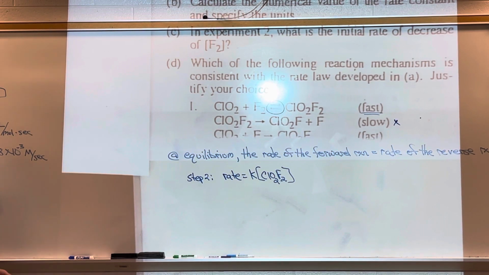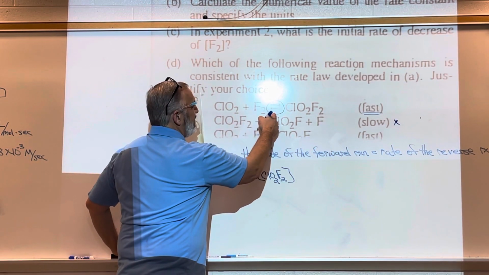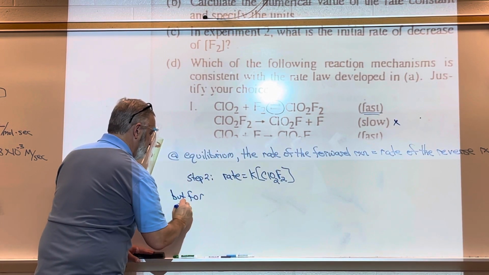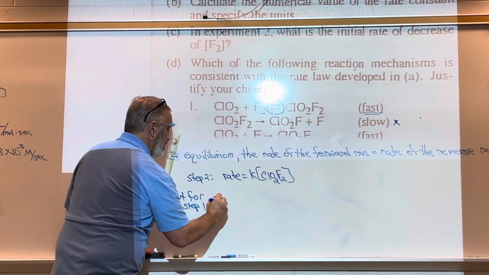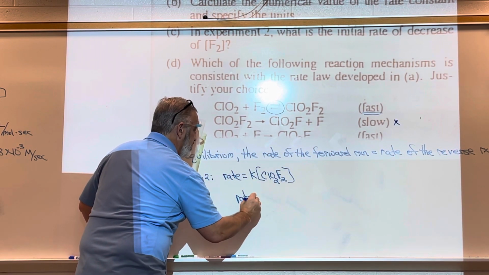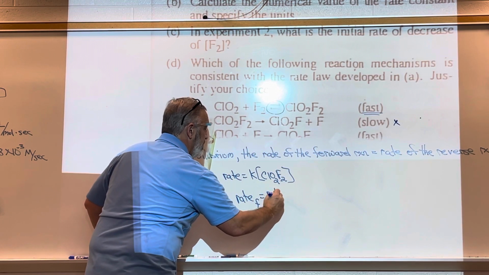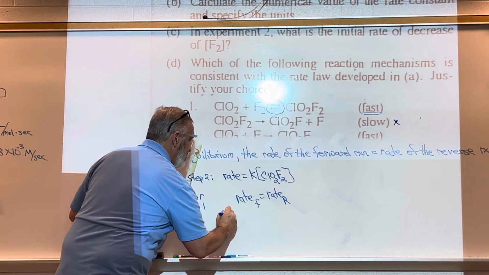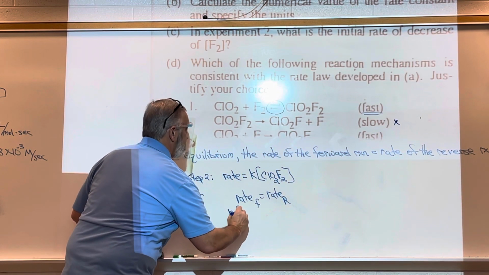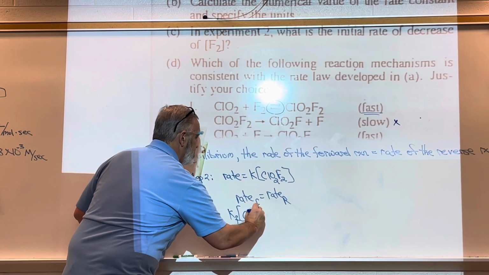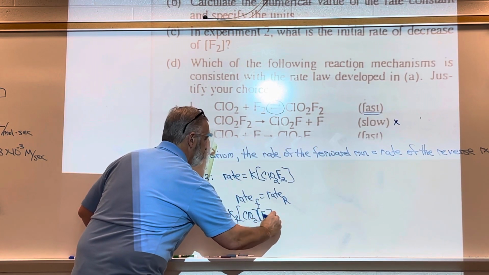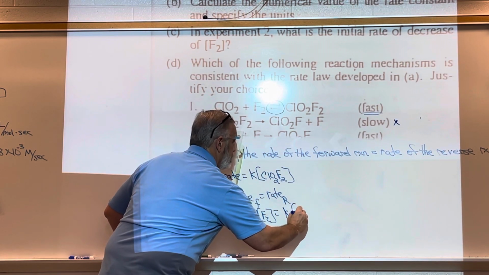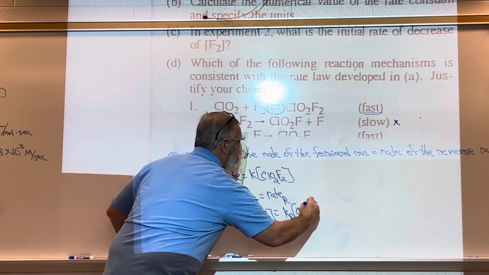But for step 1, the rate forward equals the rate reverse, which means K forward times ClO2 times F2 is equal to the rate reverse, which is K reversed times ClO2 F2.